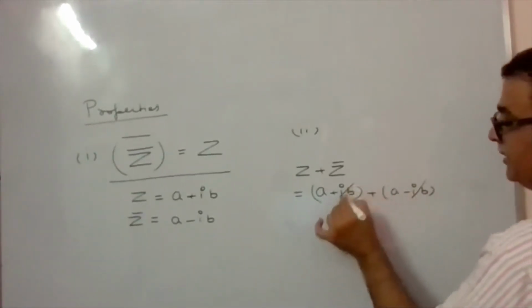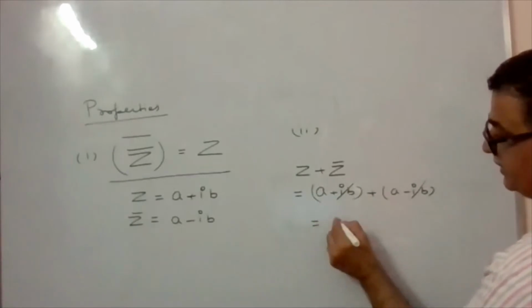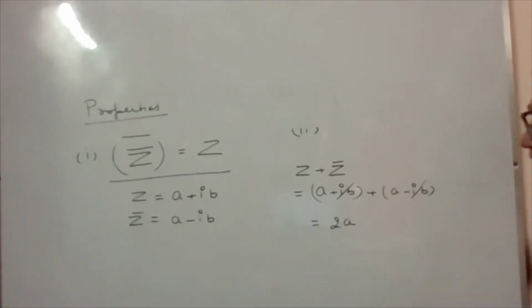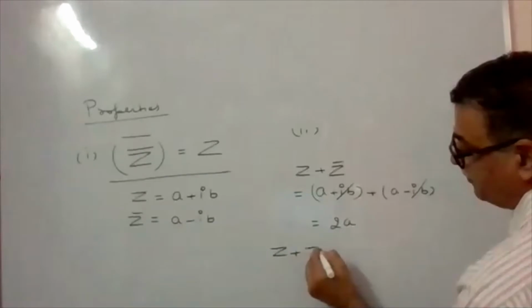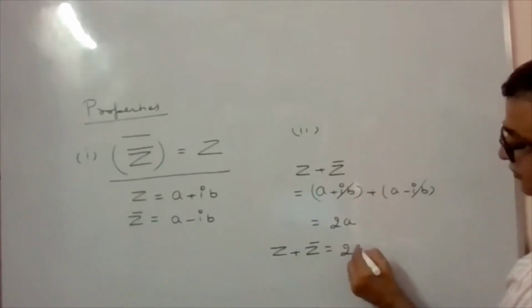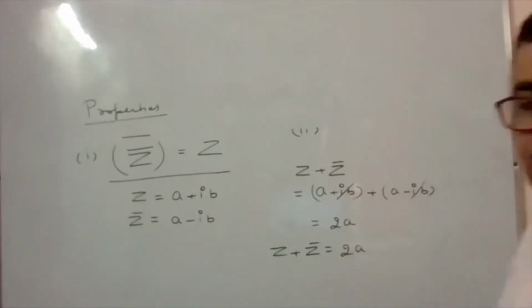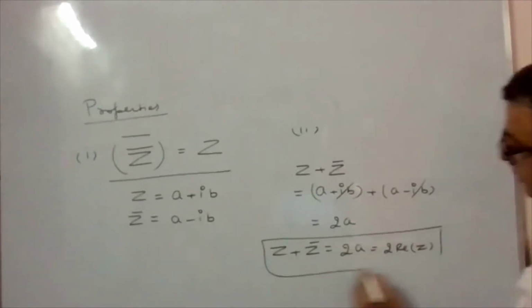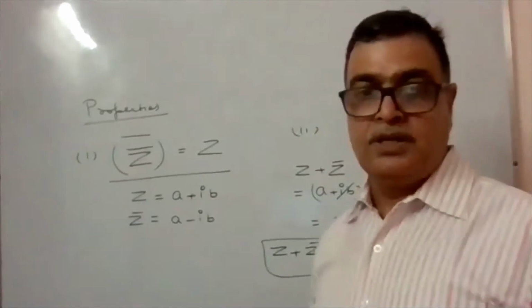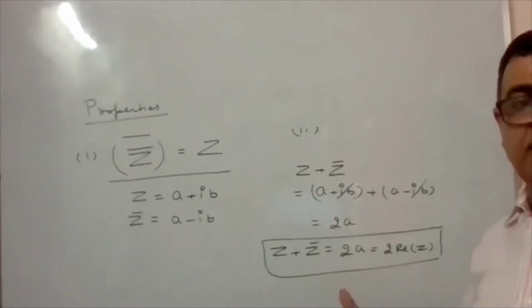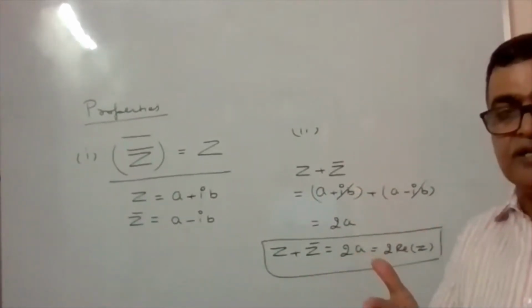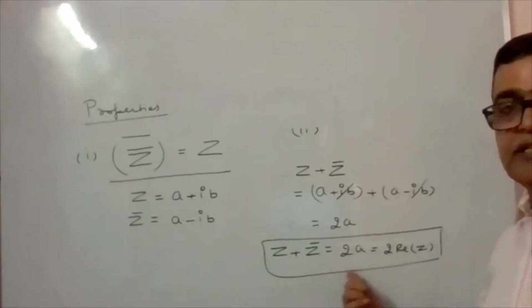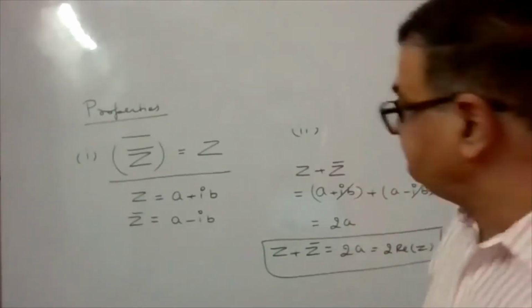Then clearly iota b is gone. The left result is twice of a. That means I should say z plus z bar is twice of a. What will a be? The real part. The real part of the complex number is a, so it will be twice the real part of the complex number. This is property number 2. So z plus z bar, if in a complex number you add its conjugate, the result comes out to be twice the real part of the complex number.